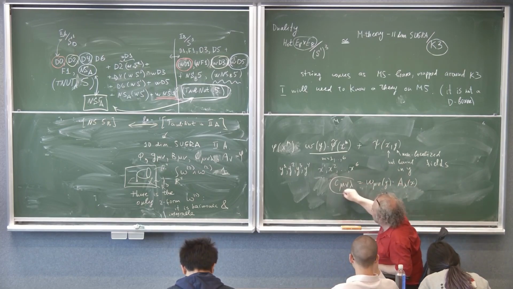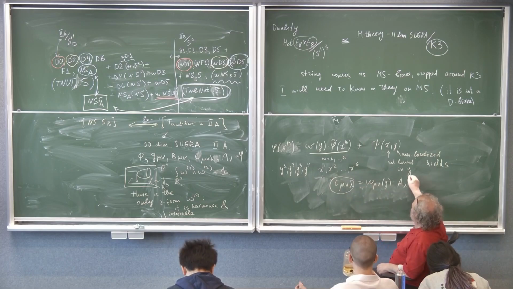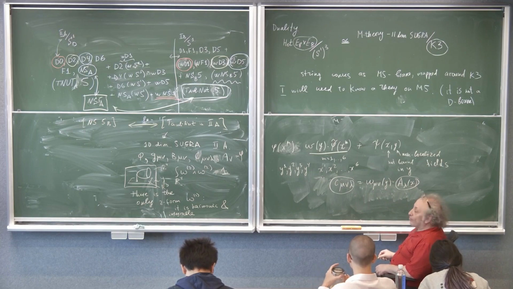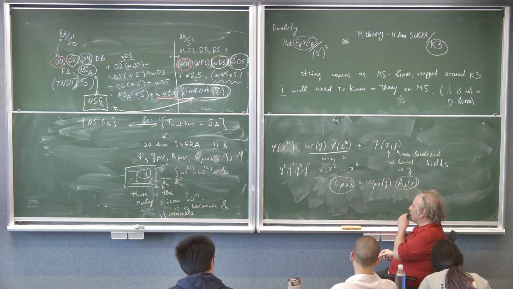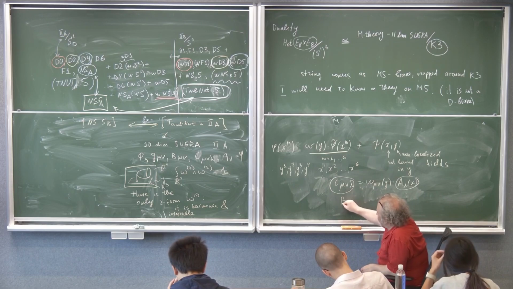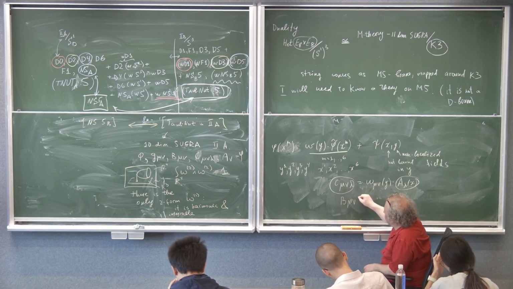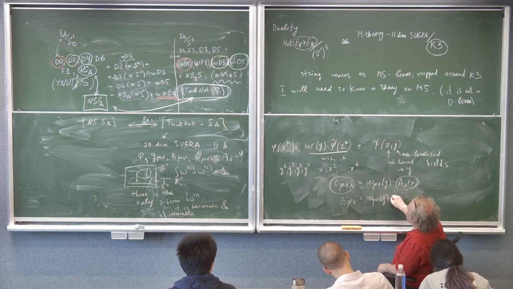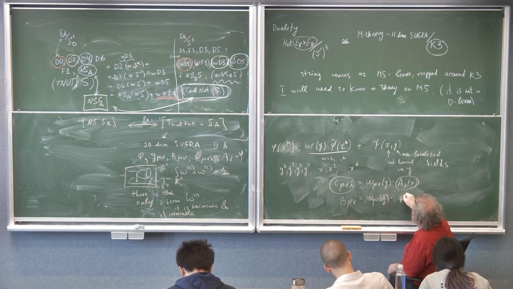So from the field C, we have a gauge field. And from the field B, we have a scalar.